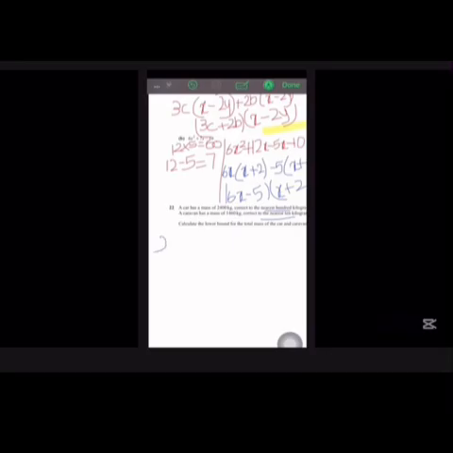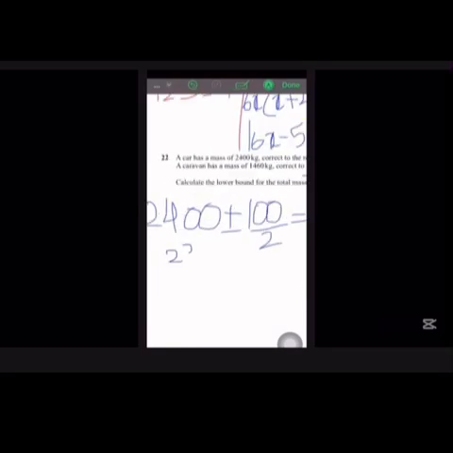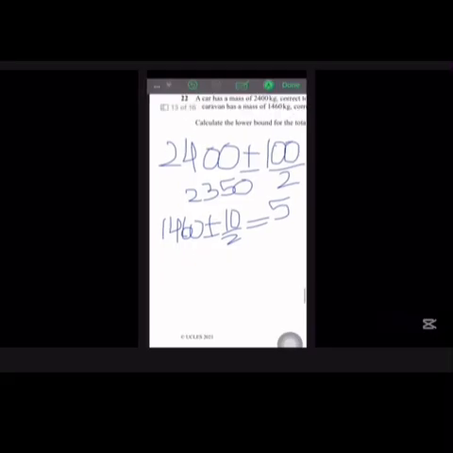So what I'll do is I'll just find the lower bound of 2400, which means plus minus 100 divided by 2, which means 50. But we just need the lower bound here, so it will be 2350. And for the other number, which is 1460, it will be plus minus 10 over 2, which will be 5. Again we need the lower bound, so I'll just minus 5 from 1460.